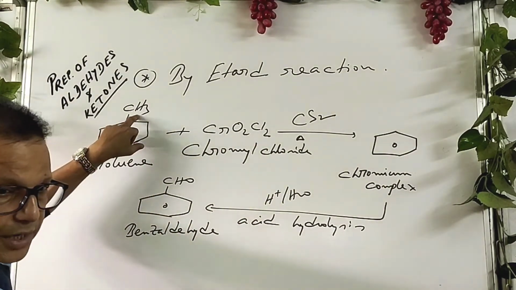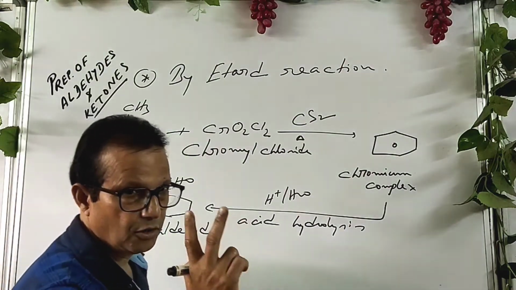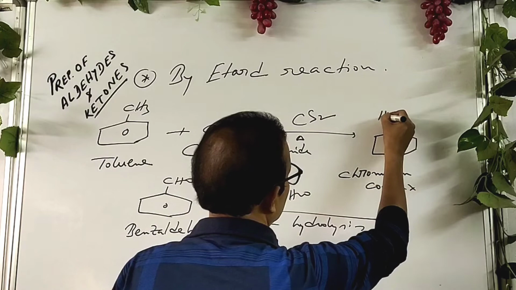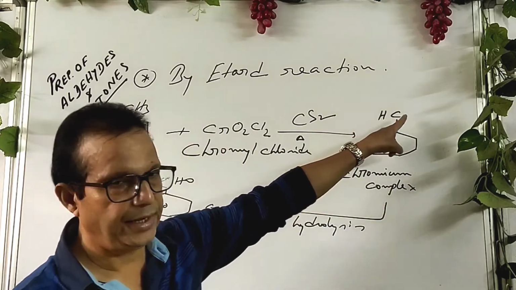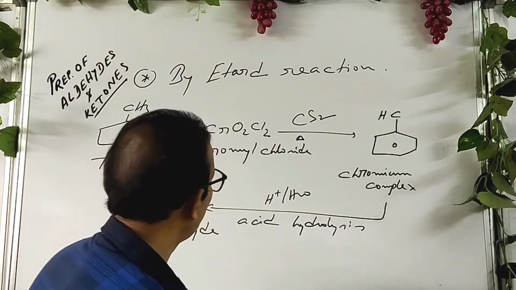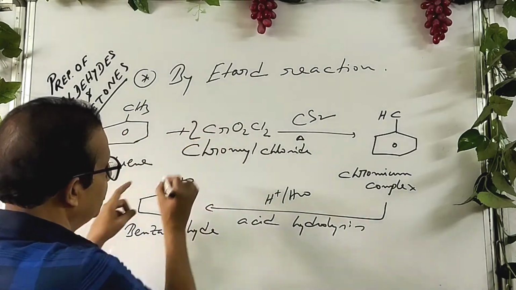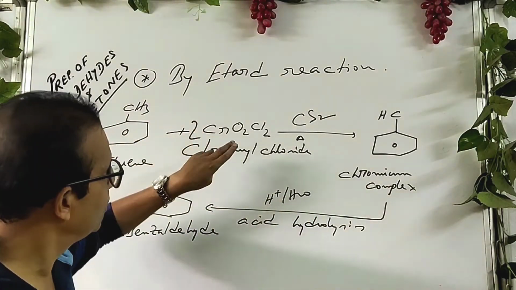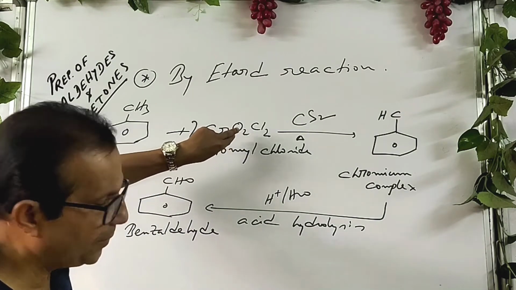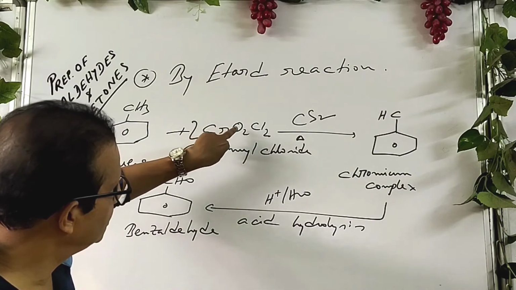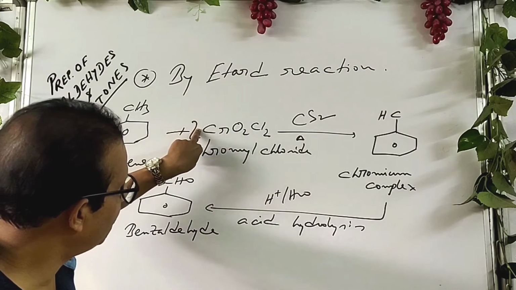Three hydrogen atoms are here. Write only one hydrogen atom. So we have not written two hydrogen atoms, okay. In this reaction, two molecules of chromyl chloride are used. What is the technique? Just shift one oxygen atom in front of chromium. Just shift one oxygen atom in front of chromium.